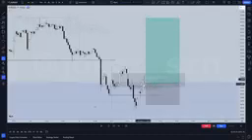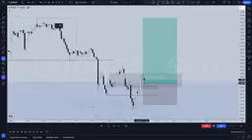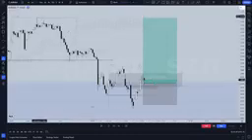You can also market enter here if you want, but yeah, there we go. We trade into that fair value gap here, and now you can see we still have a 2.97 R rate up to the Asian highs, which would be our first TP.